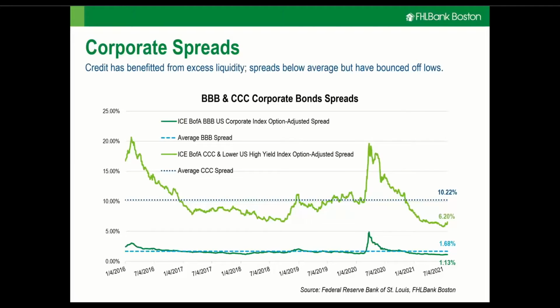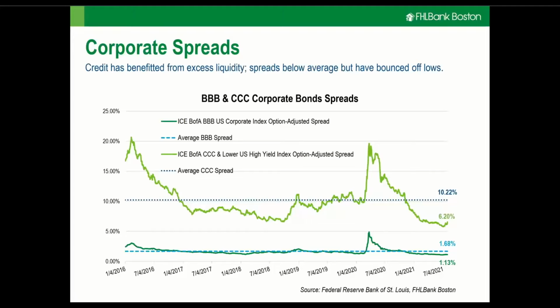Here's another example of excess liquidity and the Fed stabilizing markets. In this chart, we're looking at BBB and CCC corporate bond spreads which continue to show considerable strength, and these can be a proxy for commercial yields as well. But it's also worth noting, if you zoom in a bit to the most recent dates, you do see some movement up off the lows.